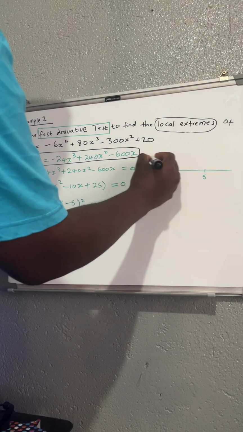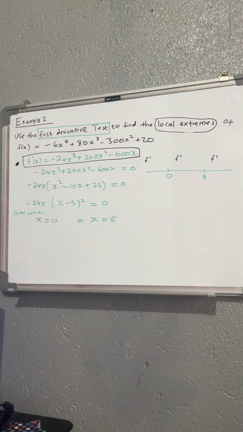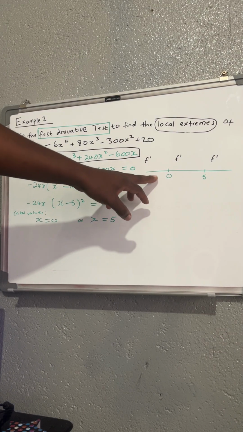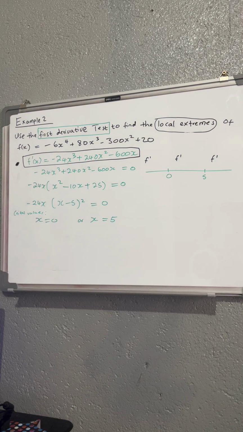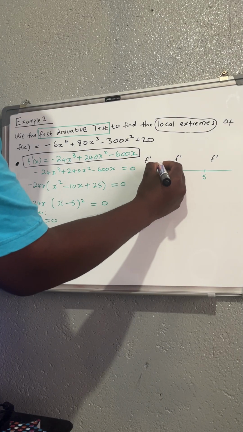Remember, here I'm working with my first derivative, so I'm just writing the signs as you see them like this. So let's suppose you use -1 and input it into this one. Here you are going to get a positive answer.